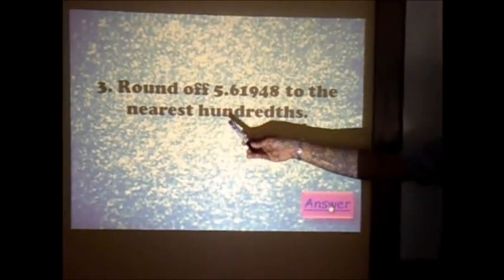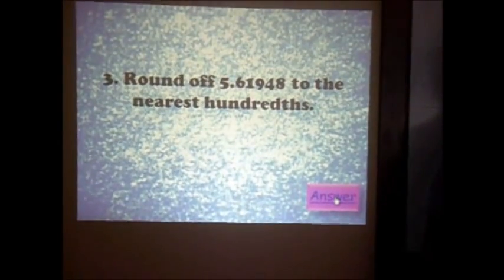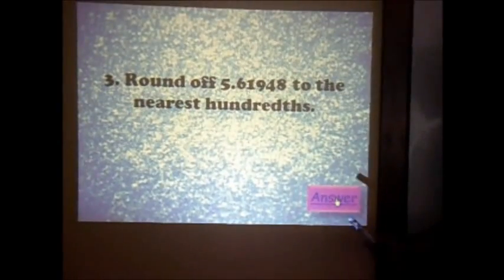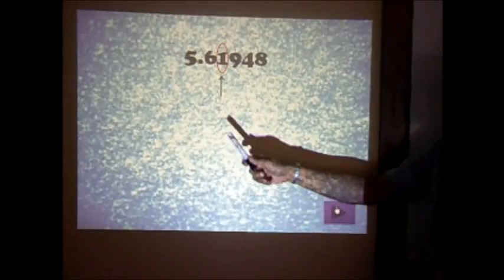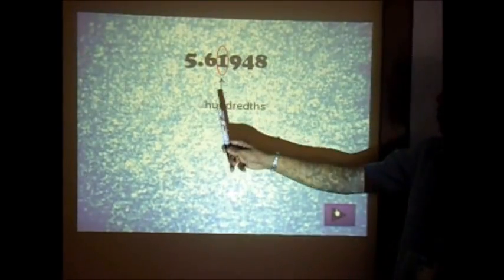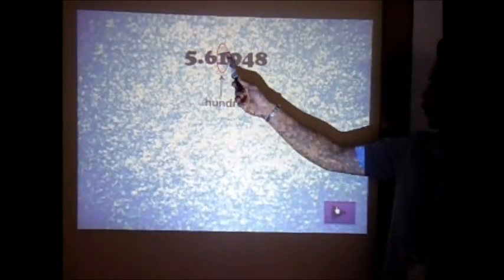Now the next question for our decimals: round off 5.6194 to the nearest hundredth. Since we know already the place value, this is our hundredths place, and that is the one to be rounded off.